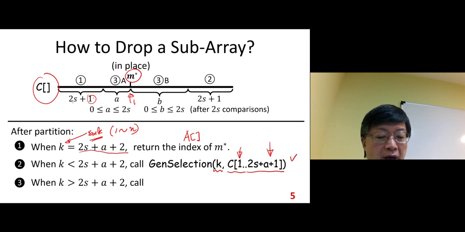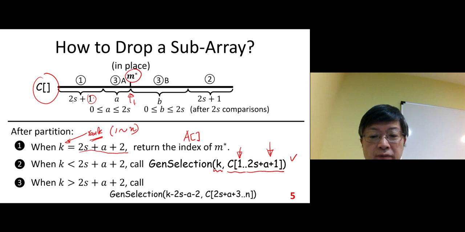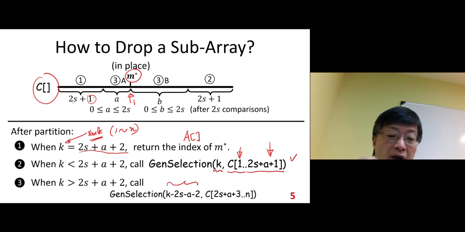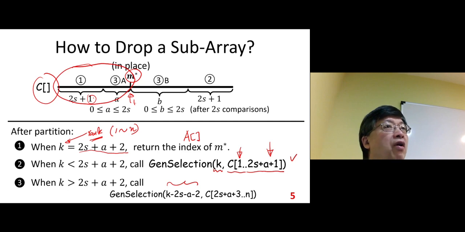Step 3, k greater than 2s plus a plus 2. This time, when we call the same recursive function, we need to adjust k and our data. For k, we do subtraction, because the left subarray is eliminated, including m star. If we eliminate it, we only look at the right subarray. Do we also need to reduce the rank number?